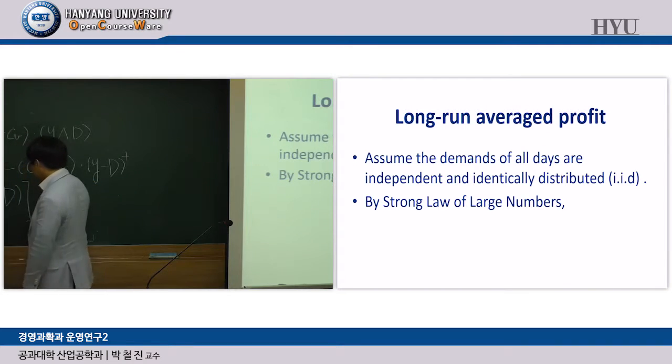Let's say P of 1 represents P of Y, D1. Y is a fixed number. Let's assume that we are going to buy 30 newspapers every day. Then Y is 30, and D is a random variable.